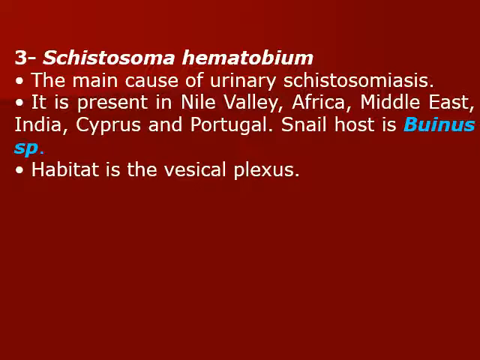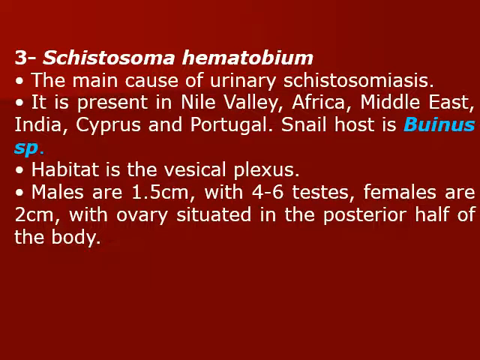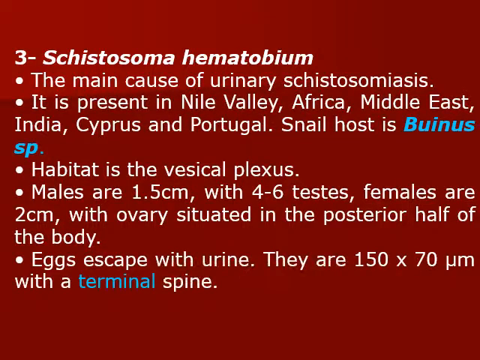Its habitat is the vesical plexus, which is the draining venules of the urinary bladder and lower ureter. The males are about 1.5 centimeters, smaller than Schistosoma japonicum, with 4 to 6 testes. Females are 2 centimeters long, with the ovary situated in the posterior half of the body. The eggs escape in urine, and they are 150 by 70 micrometers with a terminal spine.